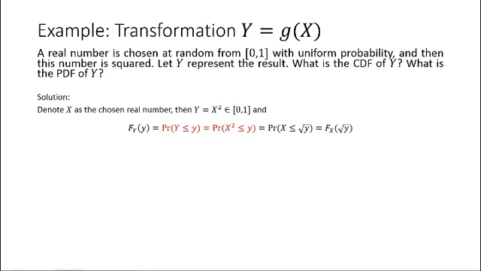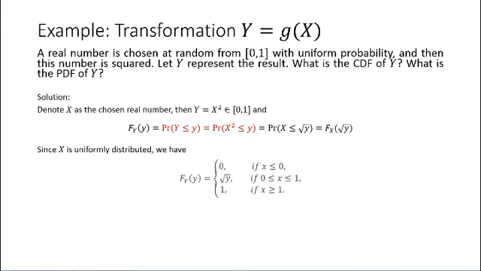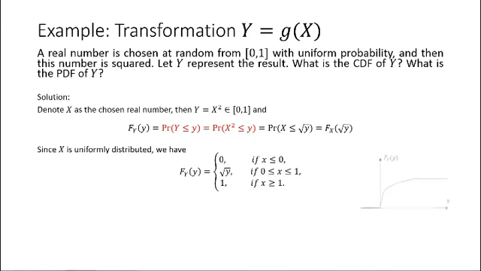Then the CDF becomes the probability that X is less than or equal to square root of y, which is by definition the CDF of X at square root of y. Since X is uniformly distributed, we can then easily obtain the CDF of Y, shown as the blue curve.